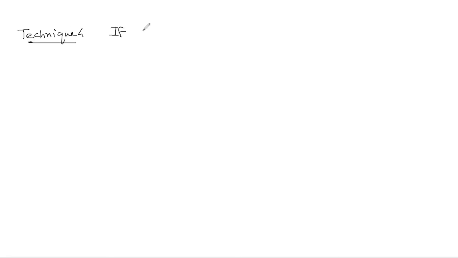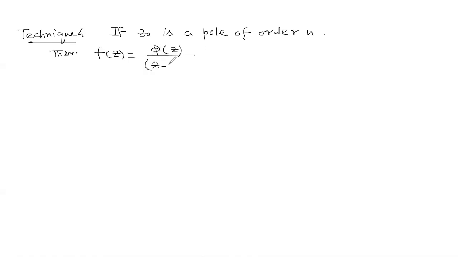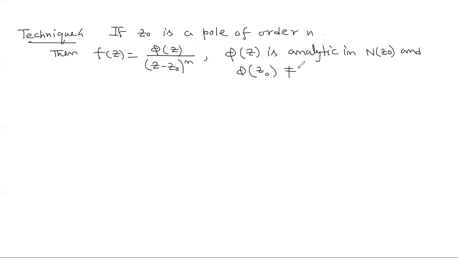So if z0 is a pole of order n, then we have seen we can write f(z) as phi(z) by (z - z0)^n, where phi(z) is analytic in the neighborhood of z0, and the second criterion is phi(z0) must be not equal to 0.